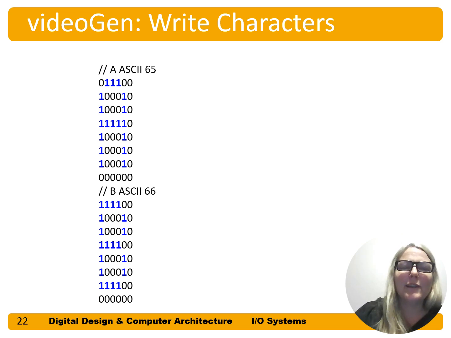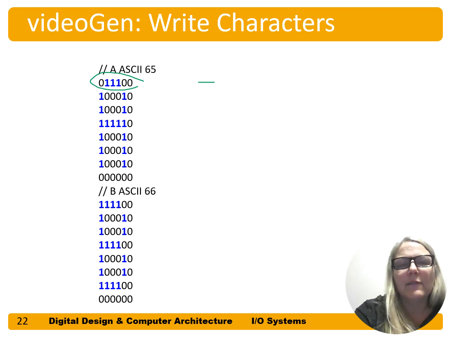Okay, so here are the contents of our ROM, and each of the lines has 5 values, 5 bits. So for example, here's an A character, the ones highlighted in blue here show A. And as we go along to display this, we'll be displaying just one of these lines at a time.